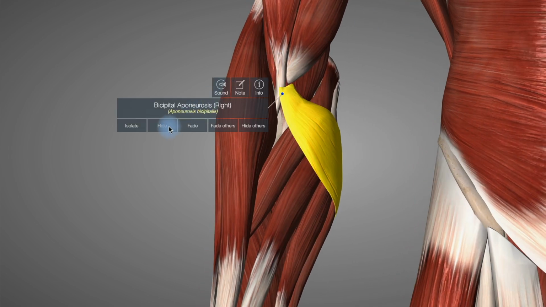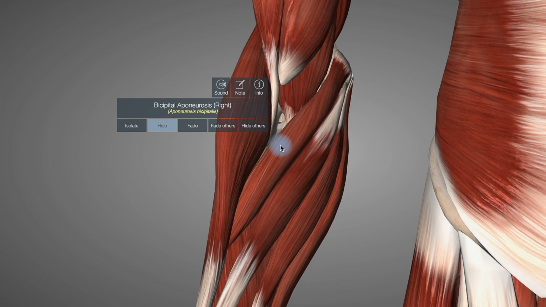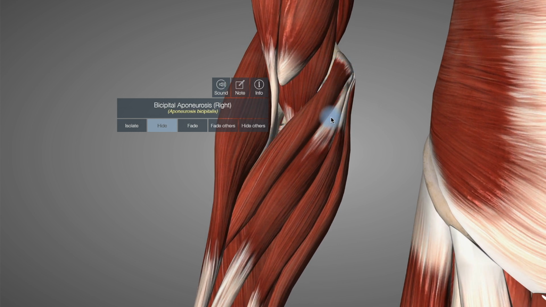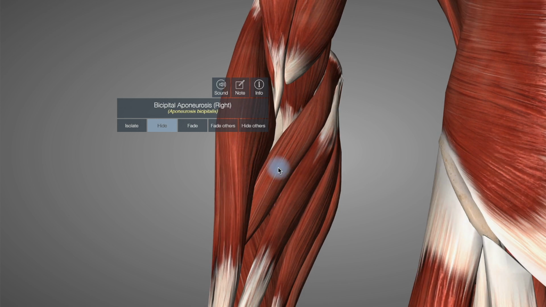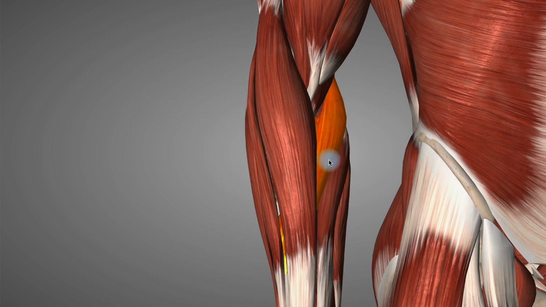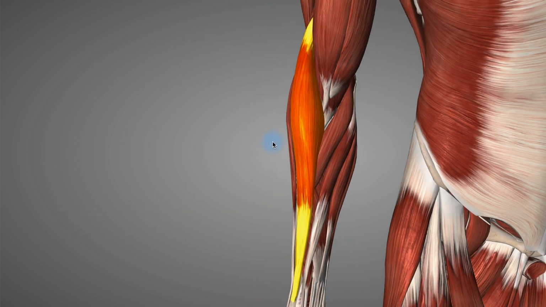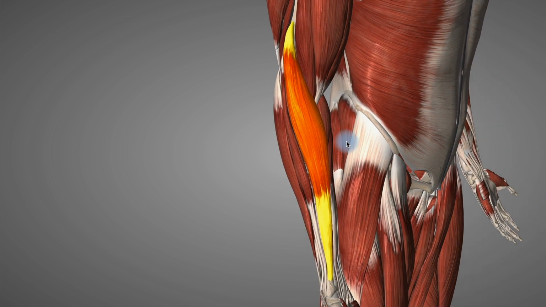Now if you remove this bicipital tendon, we have this pronator teres muscle. It originates from the humerus and the ulna and attaches to the radius. Another important muscle to consider about this cubital fossa is the brachioradialis muscle.